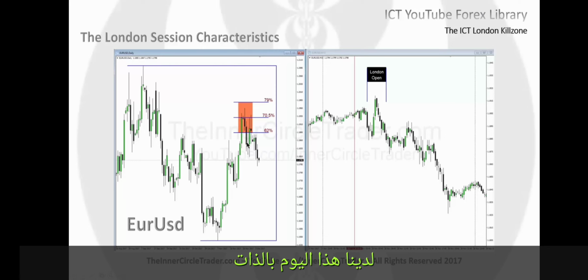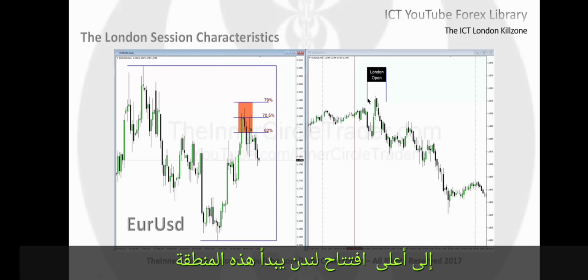Okay, so we have this particular day here, which is the 28th of November, and we have the market trading sideways until midnight in New York, and then we have the market initially drop down. We do not worry about that. We want to see it rally up into London Open.